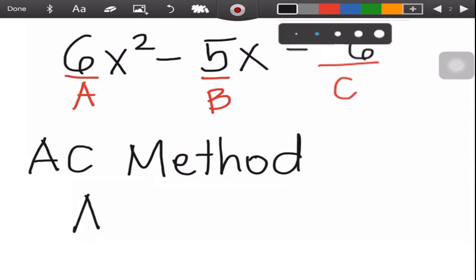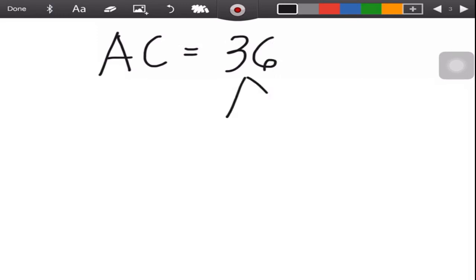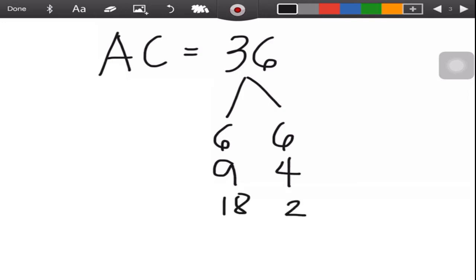So we have A times C, that is 6 times 6, that is 36. Then, you list all the factors of 36. So we have 6 times 6, 9 times 4, 18 times 2, 36 times 1.